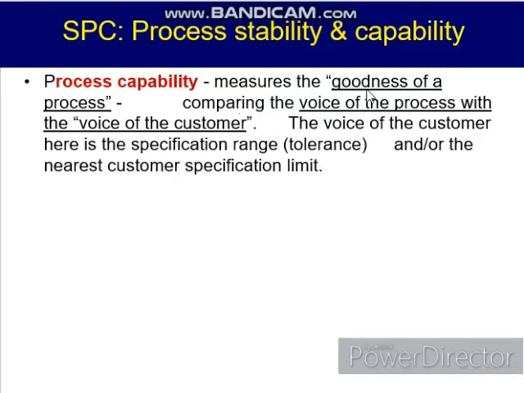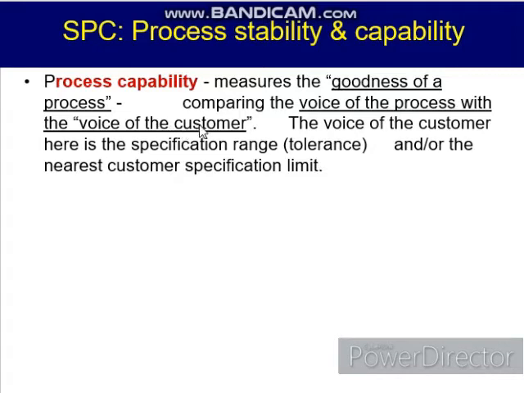We have talked about the voice of the process just now, and this is basically the process stability itself. When we looked at process stability just now, we used data from the process itself, and that's called the voice of the process.